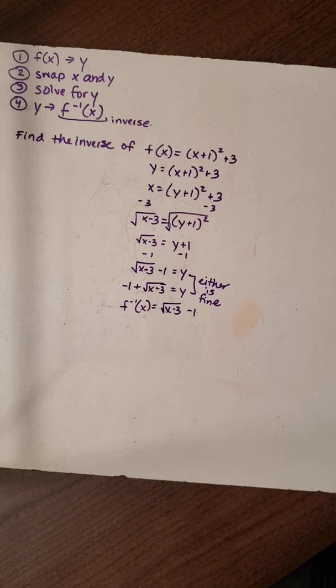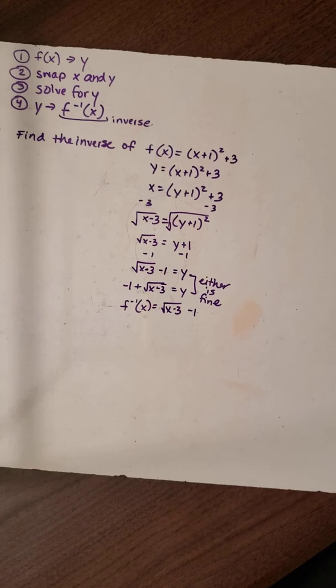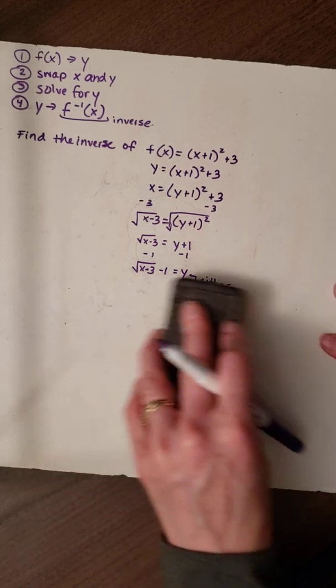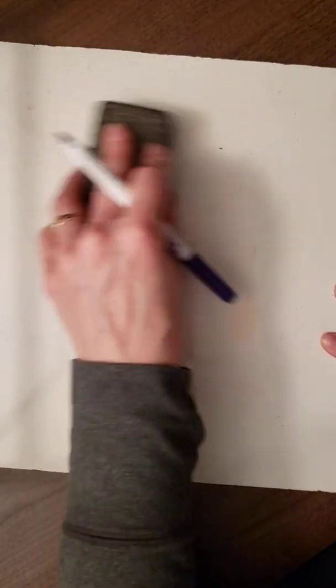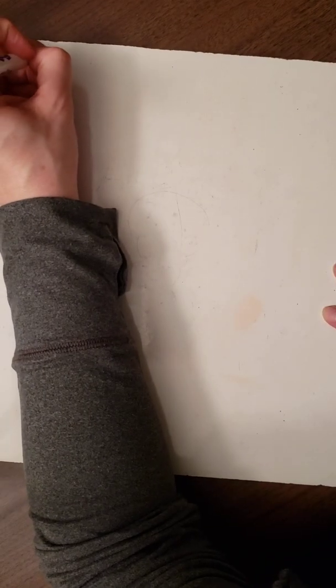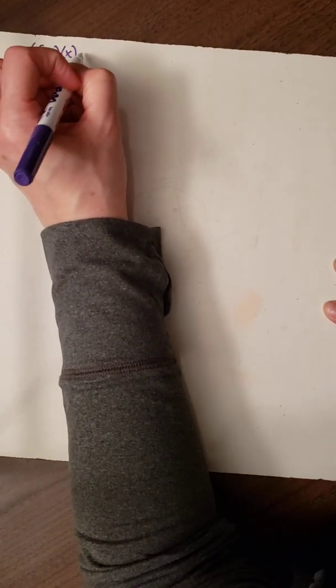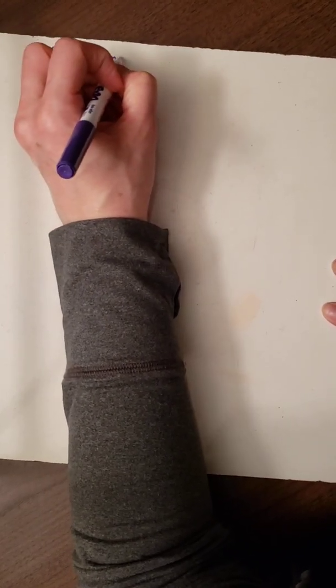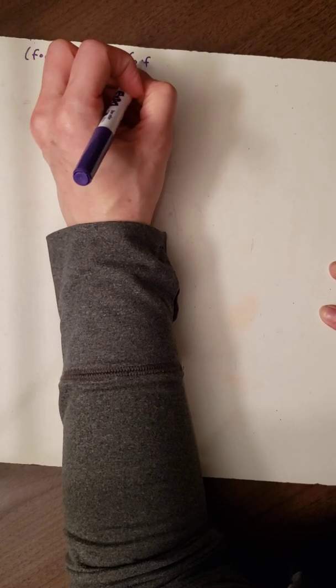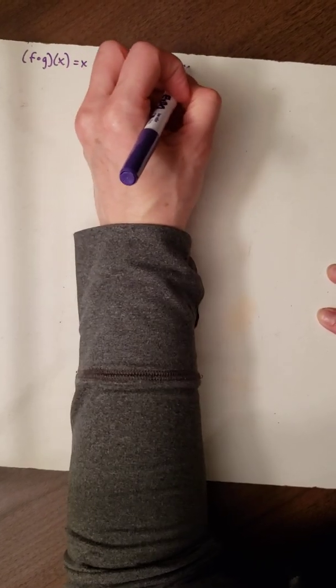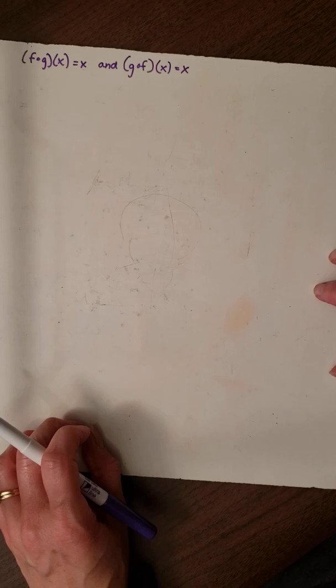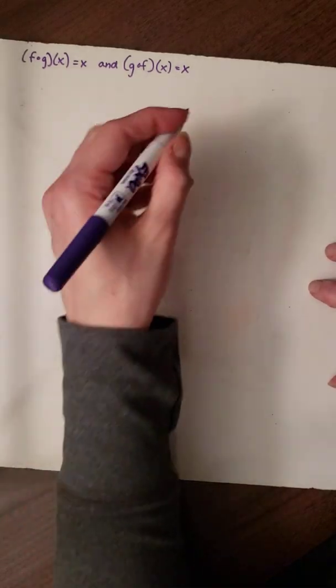Now, last thing is, let's determine whether a pair of functions are inverses or not. So remember, that means if we're going to do that, we have to compose them. If f of g of x equals x and g of f of x equals x, then we have inverses.